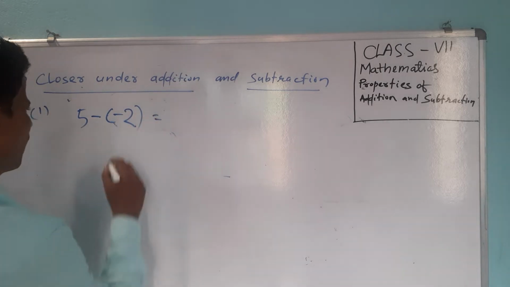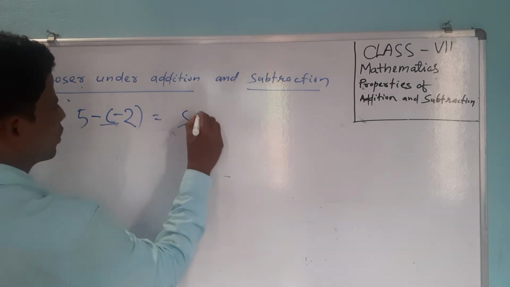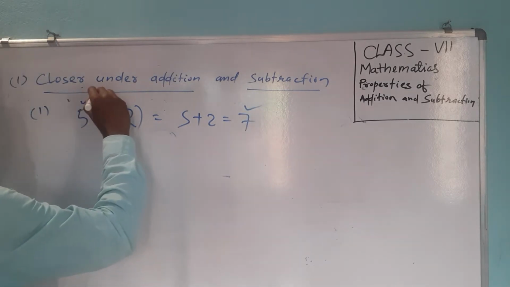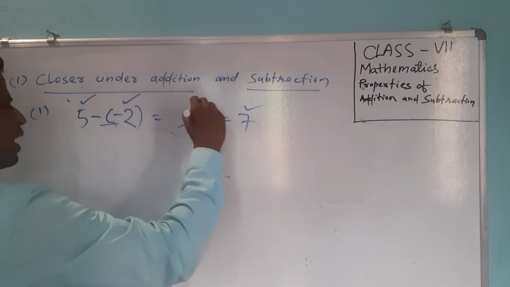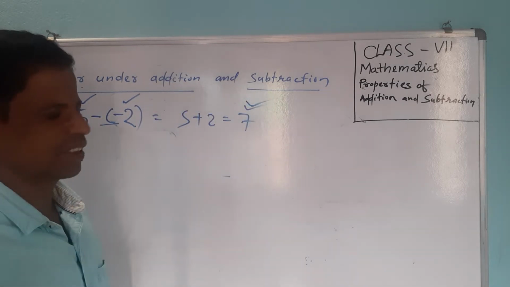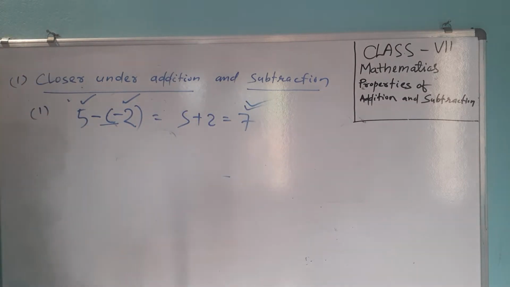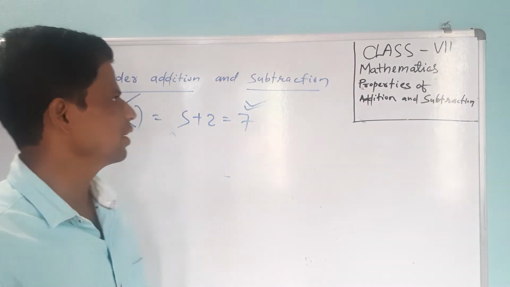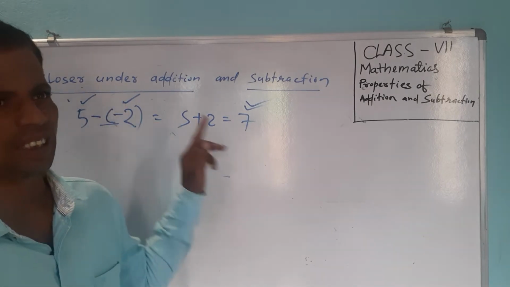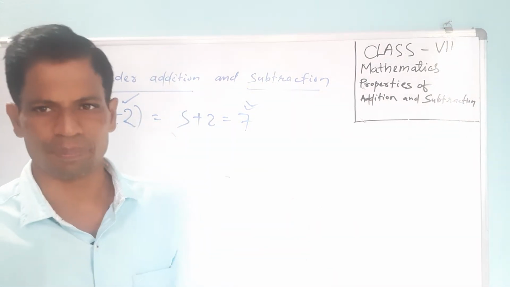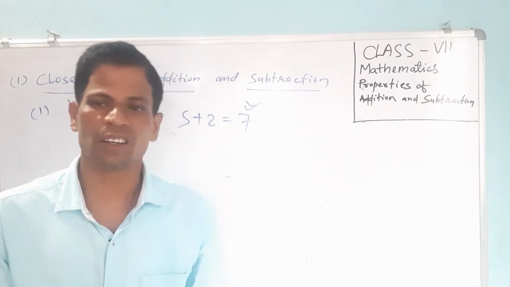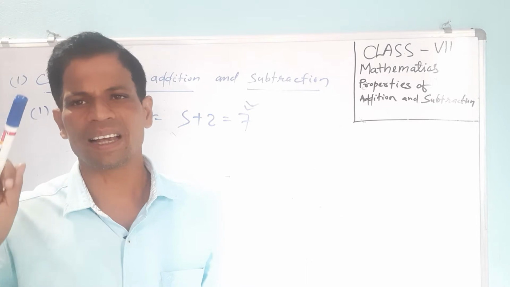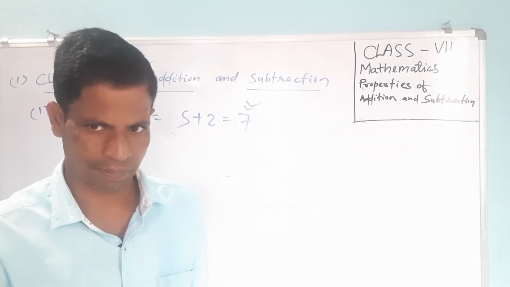Now 5 minus -2 is equal to 5 plus 2, which is 7, an integer. Here 5 is an integer, -2 is an integer, and 7 is also an integer. So in the case of addition and in the case of subtraction, the closure rule is followed by integers. It means if we add or subtract any two integers, we will get another integer.